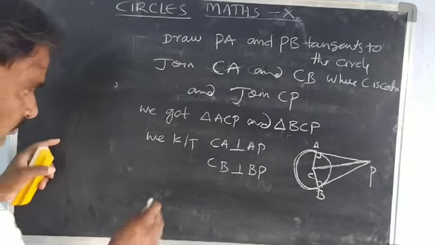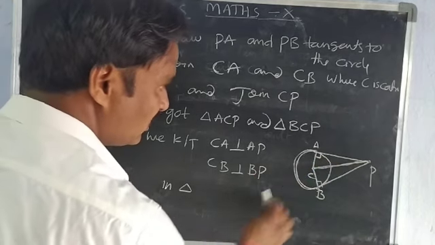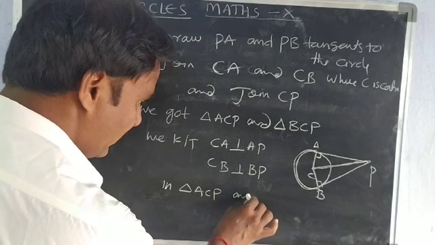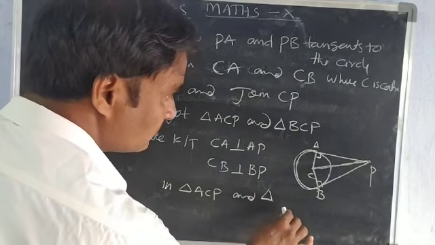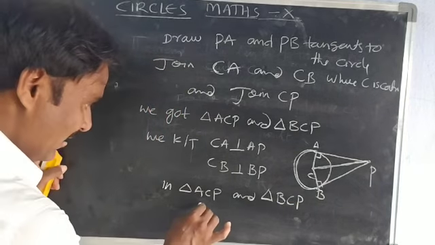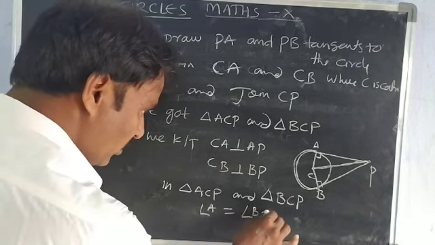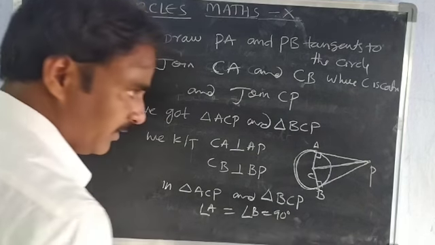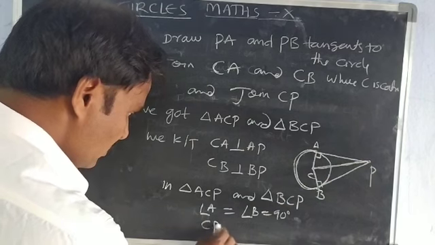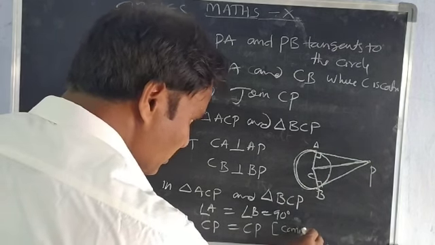Now in triangle ACP and in triangle BCP, angle A in this triangle and angle B in this triangle are equal to 90 degrees. Here CP is equal, because it is a common side.